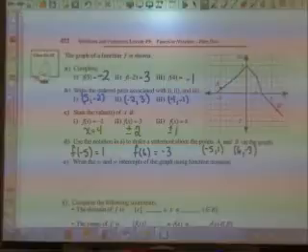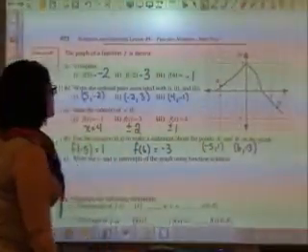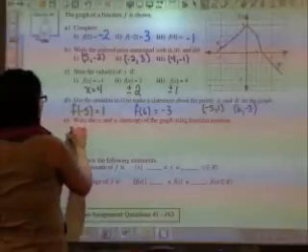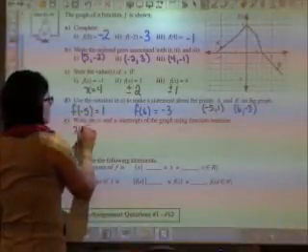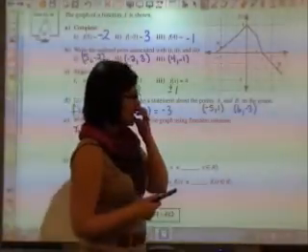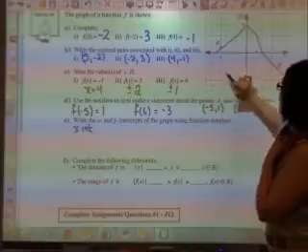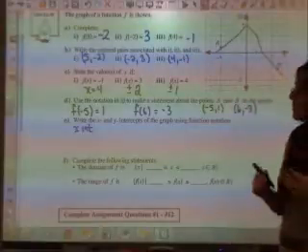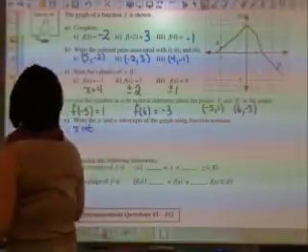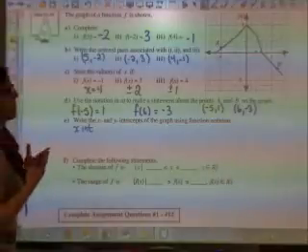Part E says write the x and the y intercepts of the graph using function notation. So if I look at the x-intercept first, where does this graph cross the x-axis? It crosses the x-axis at 2 spots, here and here. So let's start off by writing out what the coordinates would be.